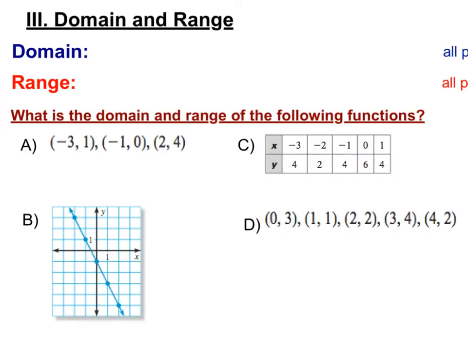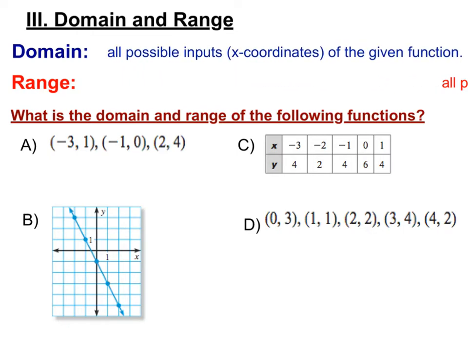Changing gears to another idea. Next, we're going to look at what's called domain and range. Domain is all possible inputs, or x-coordinates, of the given function. Whereas range, what do you suppose range has to be?